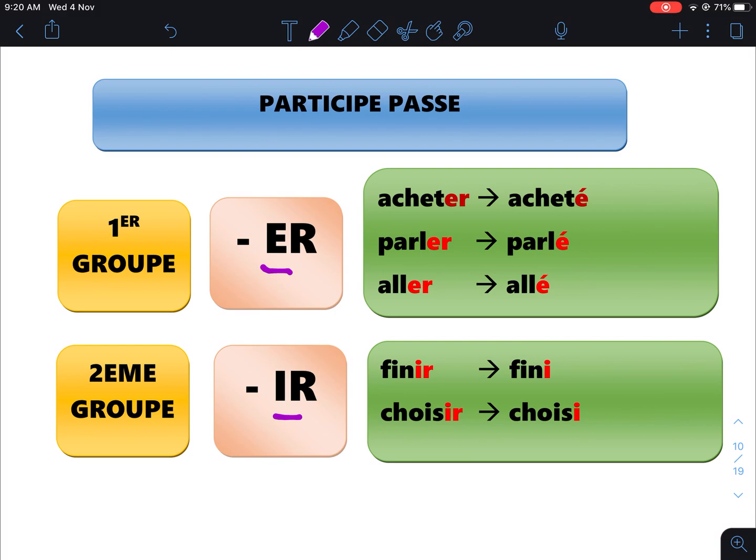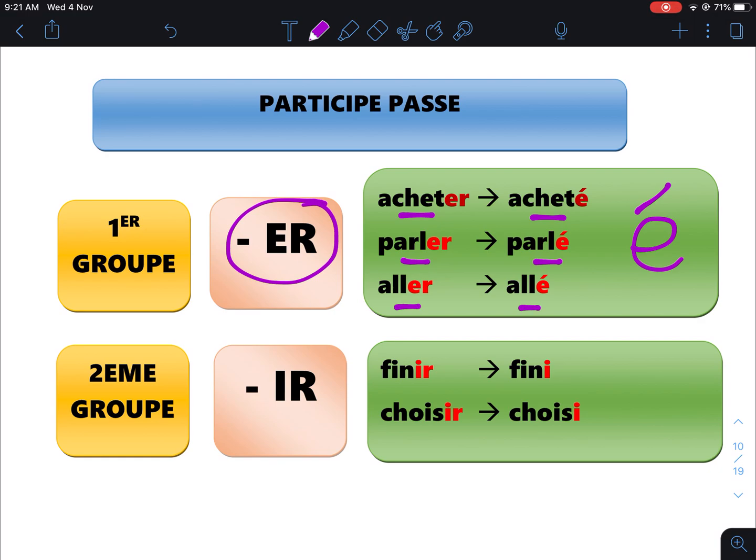For the past participle, for the first group, which ends with ER, normally it will change to ending é with an accent aigu like this. So you have acheter becomes acheté, parler becomes parlé, aller becomes allé.